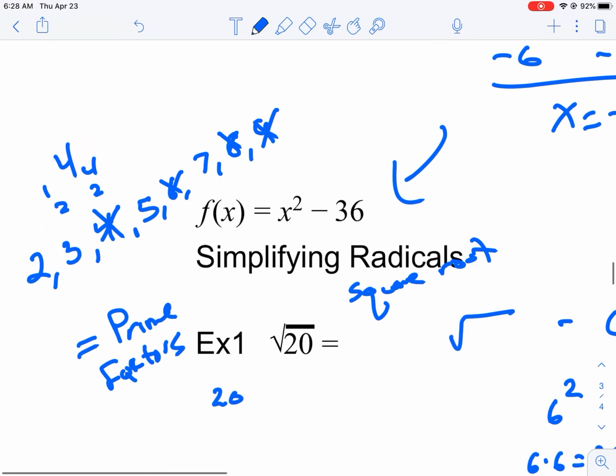People think 9 is prime because it's odd, but remember 9 can be 1 and 9 and 3 and 3, so you can't have that. So we're going to use these numbers, and if you keep going, 10 is not prime, 11 is prime, and so on.